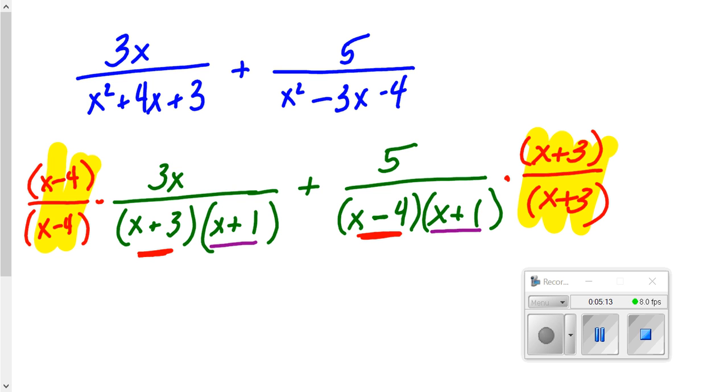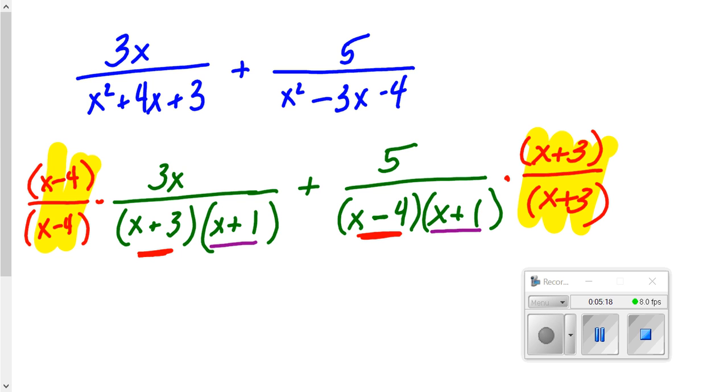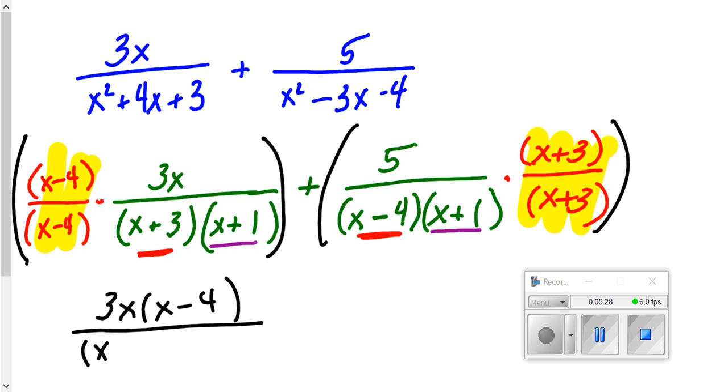Okay, and now remember, we do order of operations. So we're going to multiply before we add all of this and all of this. So if I go straight across the top and then straight across the bottom, this is what I have. And then over here, straight across the top, multiply.